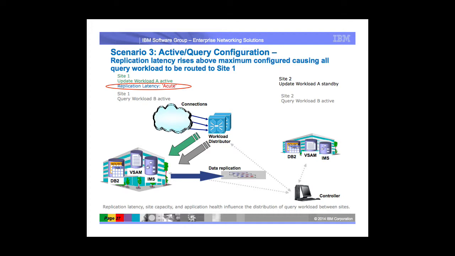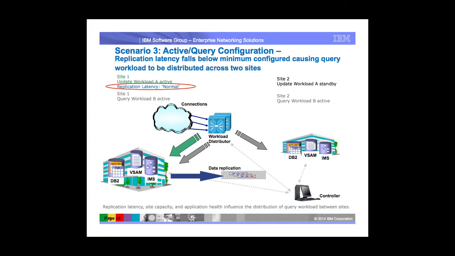And then when it goes back to normal on 28, we reinitiate the splitting of the transactions and send it to the secondary site again. And so that's a really powerful scenario for customers that don't have the kind of workload distribution where they can even out the distribution of load on their sites by having workload A be on one side and workload B on the other. If they have a primary workload that they're really targeting, active query allows them to still get some value out of that secondary side and take on some of the load.